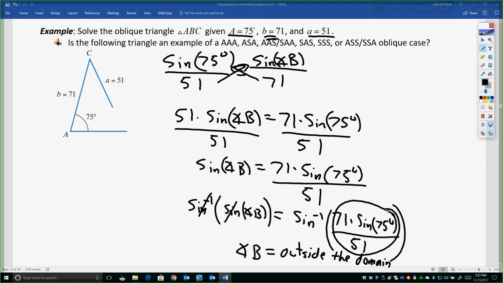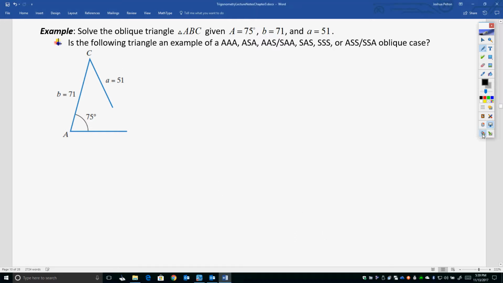Since this is outside of that, there is no possible triangle. So if you get an error on the calculator that says outside the domain, it's not possible. There's no angle that can make that connect. So that's a case where there's no possible triangle.